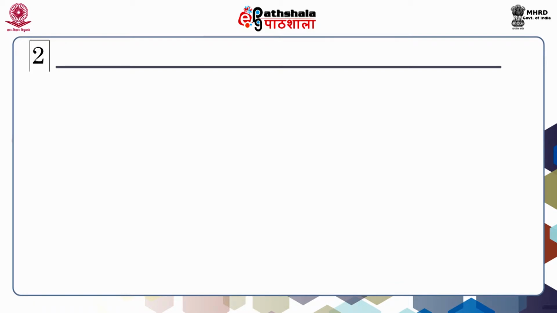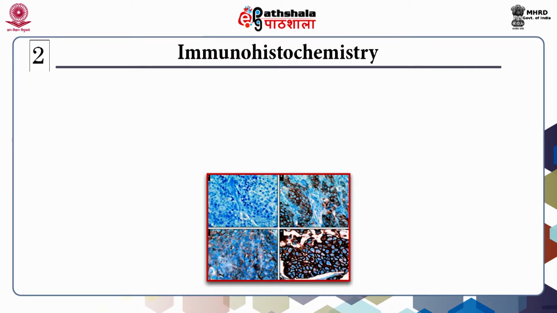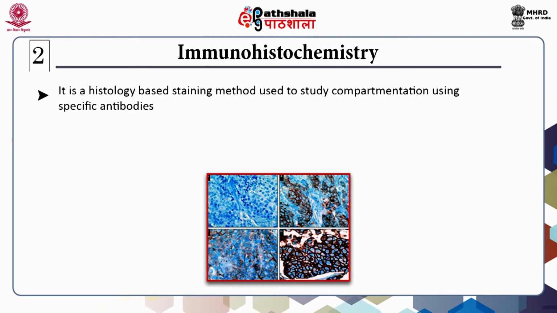The second technique most commonly used in enzyme compartmentalization studies is immunohistochemistry. As the word immuno shows, antibodies are involved, that means this is a much more specific method. So what is immunohistochemistry? It is a histology-based staining method used to study compartmentalization using specific antibodies.